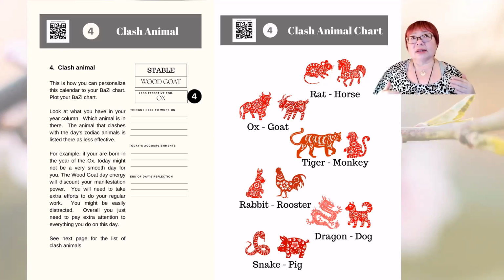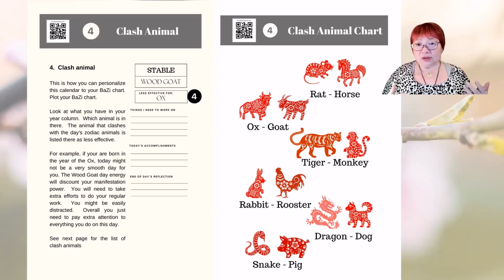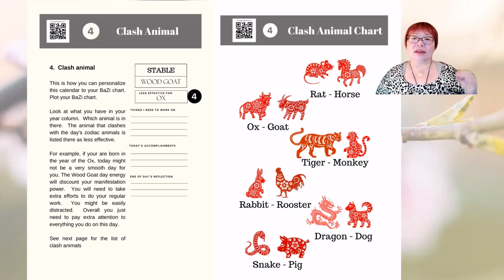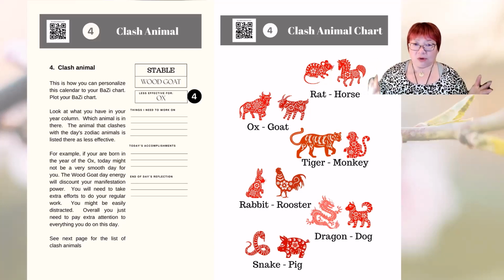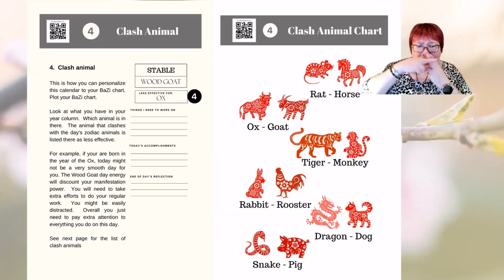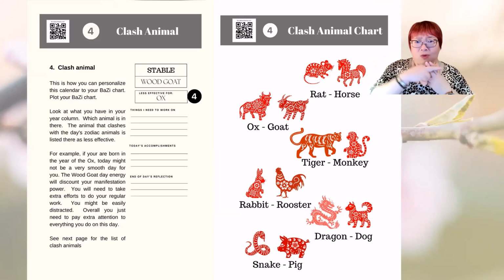So why do the rooster and rabbit clash? Well, because the rabbit is a yin wood energy, and the rooster is a yin metal energy. If you think about yin wood like a flower, the yin metal is like a pair of scissors. The scissors keep wanting to cut the flower.